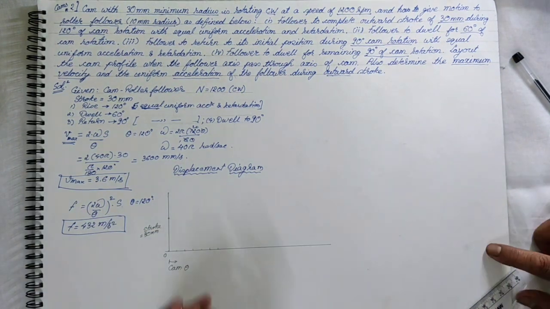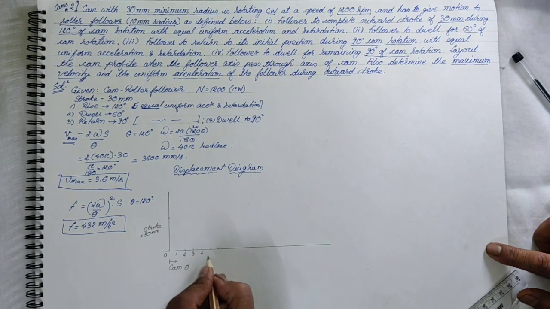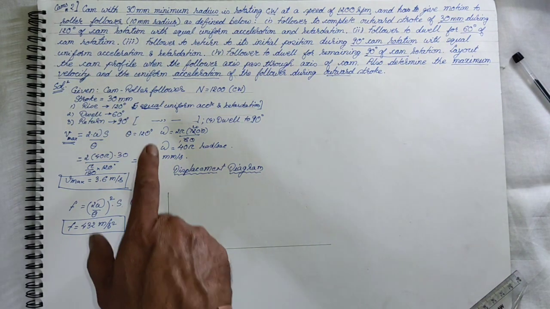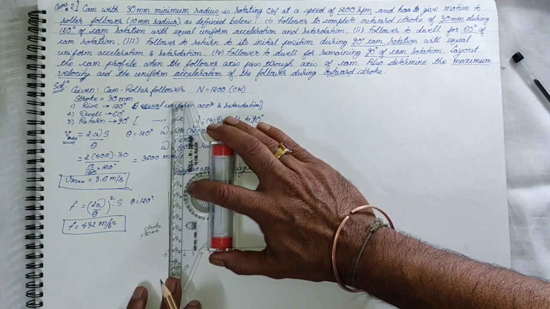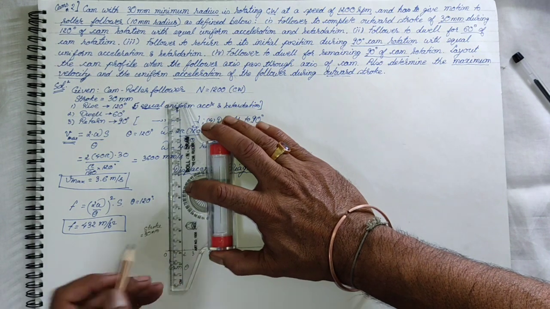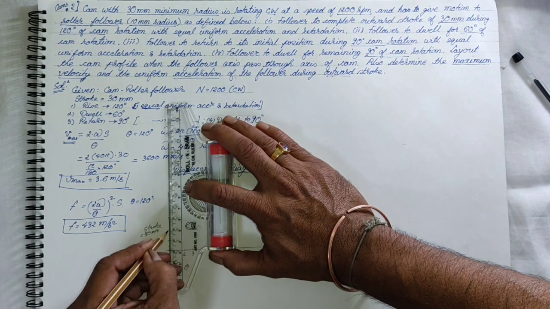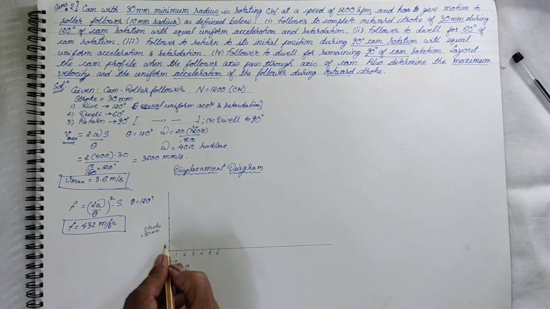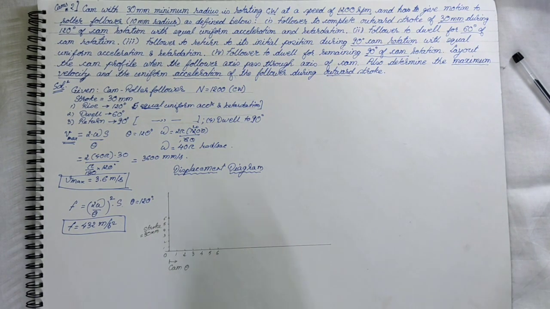As I have taken 6 steps, I'll divide the stroke into 6 steps as well. This is 30 mm, so it's a comfortable value, 5 mm each. So this is 1, 2, 3, 4, 5 and 6.